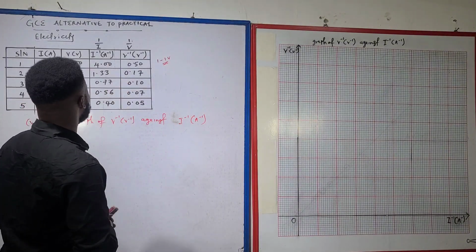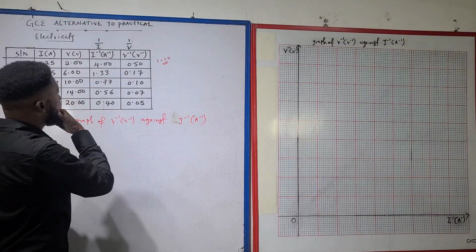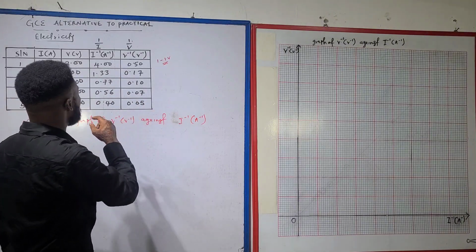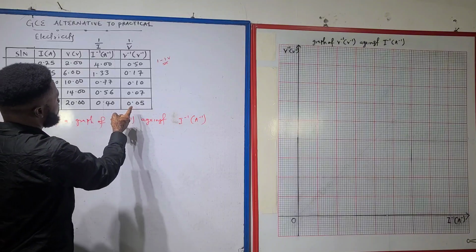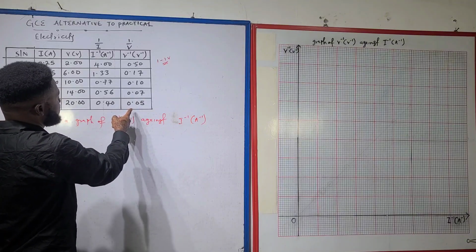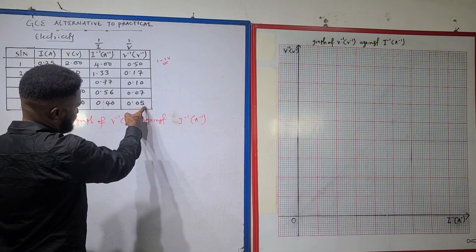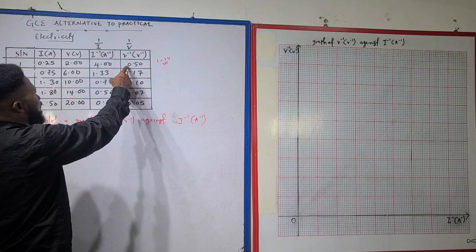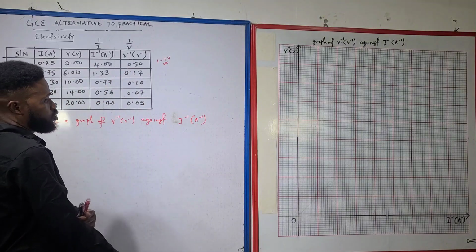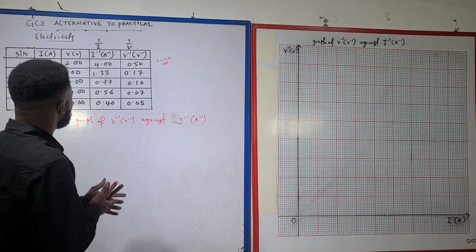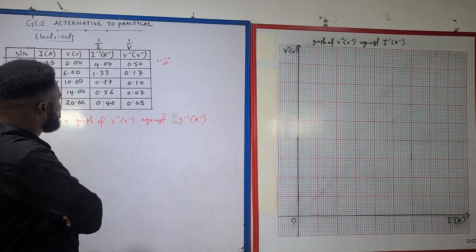For this particular graph, the least value for my voltage is 0.05 and the highest is 0.5. I'm trying to figure out what that is going to look like.